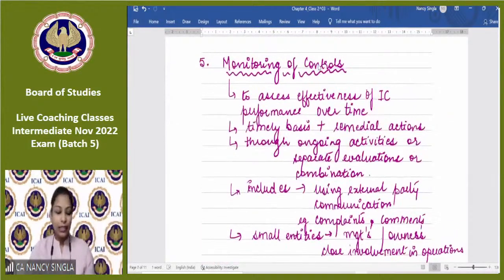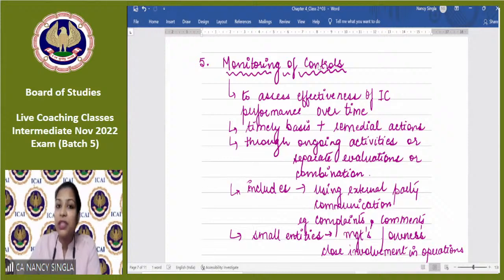Now, the fifth and the last component which we have to discuss with respect to internal control is what? Monitoring of controls. Now, tell me, if management has designed an internal control and implemented it, but management is not monitoring whether such internal control is being complied with or not, will the employees comply with it?